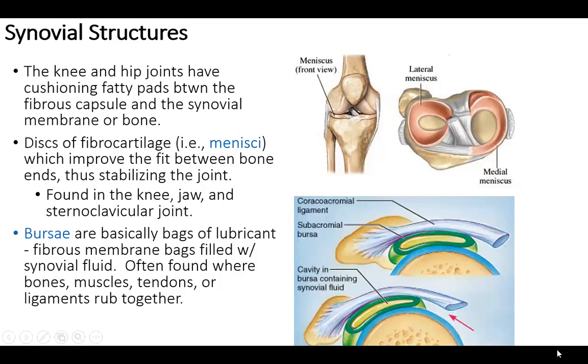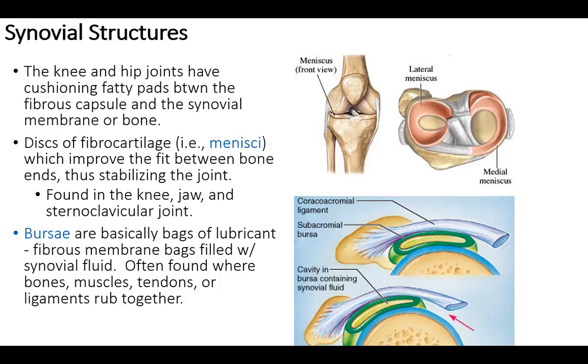Now, structures in our synovial joints make them work better. We have lots of pads of cartilage. We have pads of cartilage at our knee called the meniscus. The meniscus sits on top of the tibia, and the condyles of the femur rest on these pads. They stabilize the joint.